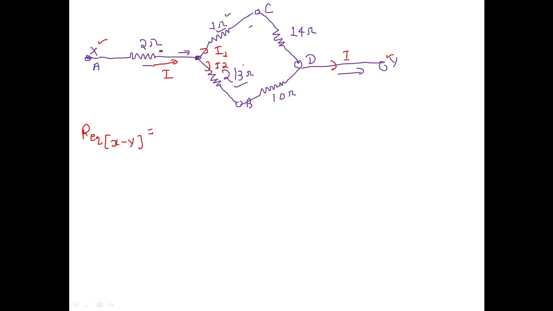Here this 2 ohm is in series, and this 1 ohm and 14 ohm are again in series, because the same current goes across this D resistance terminal.